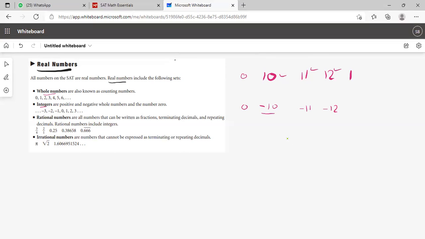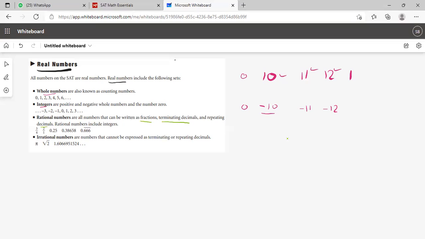Okay, so next is rational numbers and irrational numbers. Now this is something which gets a bit confusing at times, but I'll try my best to clear this up. Rational numbers are all numbers that can be written as fractions, terminating decimals, and repeating decimals.